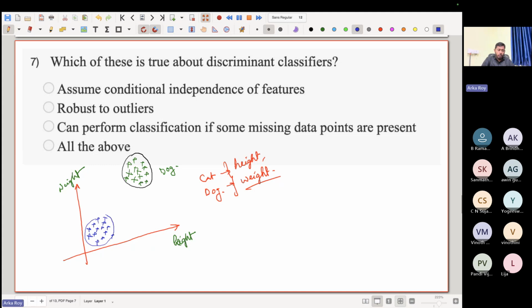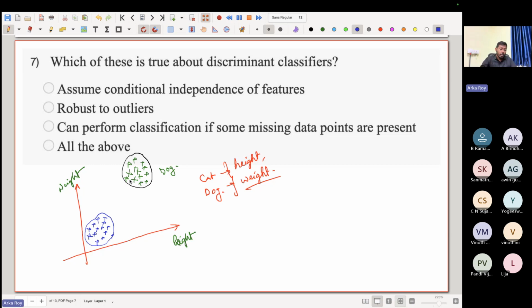Therefore, there is a significant difference between these two classes. So you can see that inter-class separability is quite high, which is very good for classifying cat and dog.